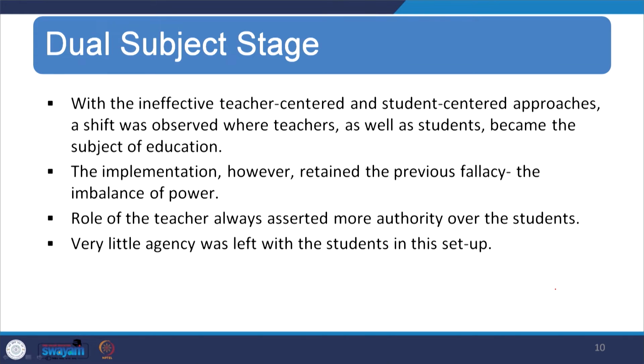So, with the ineffective teacher-centered and student-centered approaches, there was again a change where teachers as well as students became the subject of education, and it actually retained the previous fallacy, the imbalance of power. So, when you gave both of them power, where lies the control?